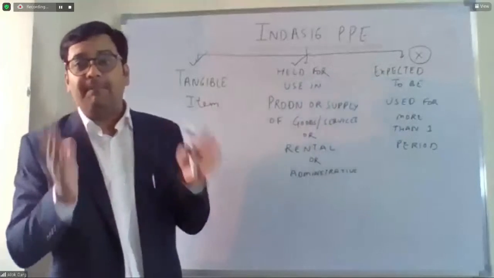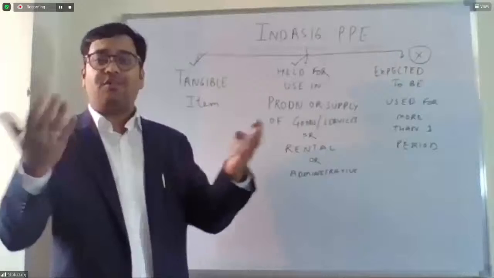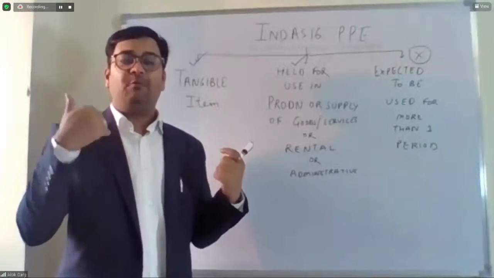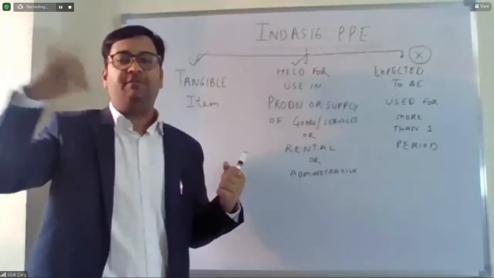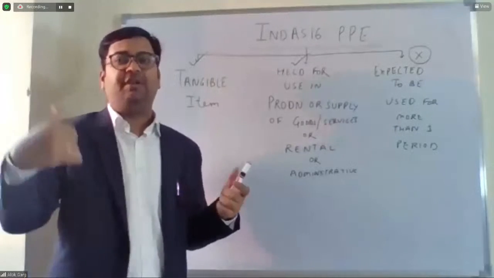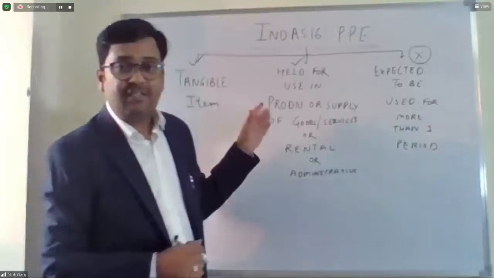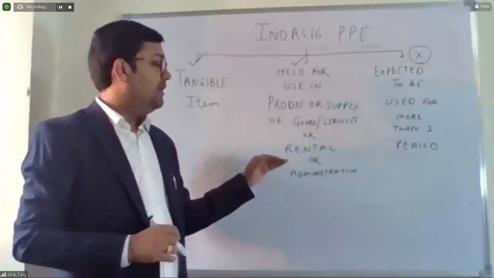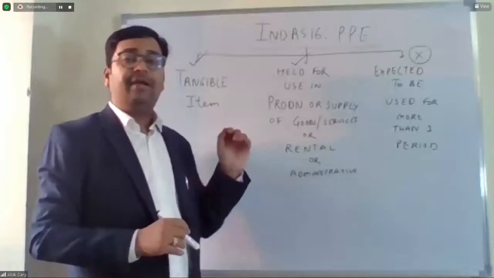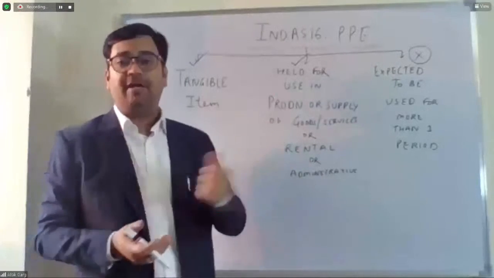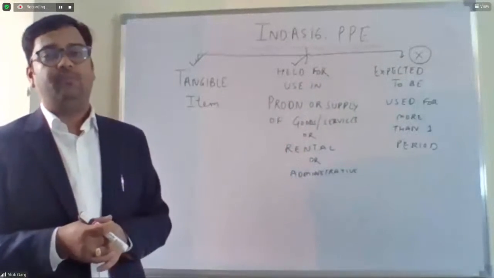So the company bought some machinery with the objective to rent out those machinery and earn rental. Those machinery are not engaged in the production or supply of goods and services, but those assets are engaged in rental purposes. So these items are required to be capitalized as property, plant and equipment.